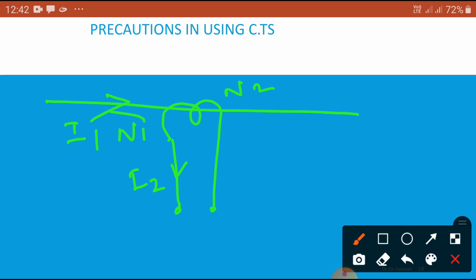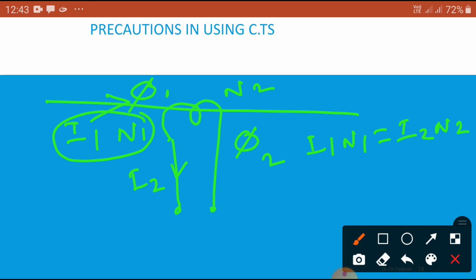What happens? The MMF of the primary is equal to the MMF of the secondary, N2. So whatever flux is produced by the primary is opposed by the flux produced by phi 2. But what is the formula here? I1 N1 is equal to I2 N2. Now I2 becomes 0 while the circuit is opened.